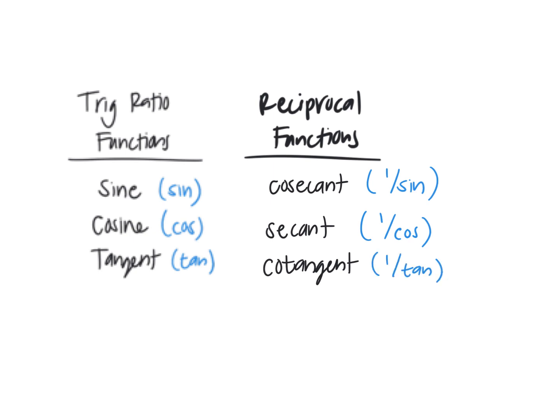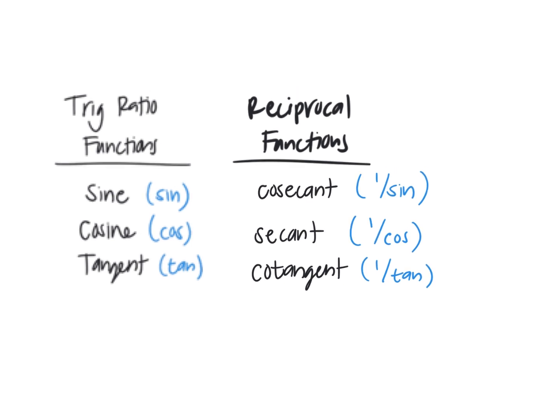Now, the abbreviations that you might see for these are CSC for cosecant, SEC for secant, and COT for cotangent. These really aren't going to show up today, but I just want a quick preview for you to see that these other trig functions do exist, okay?